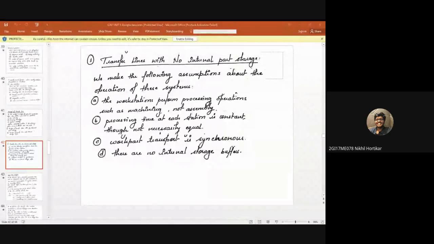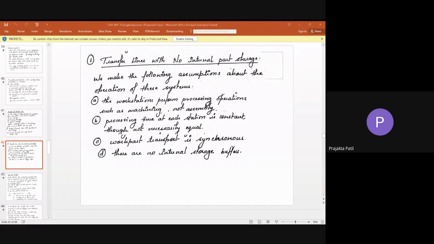Yes, ma'am. Okay, so we will just be discussing the transfer line with no internal part storage. So before we understand the different mathematical models involved here, we are going to see certain assumptions that we make at start.